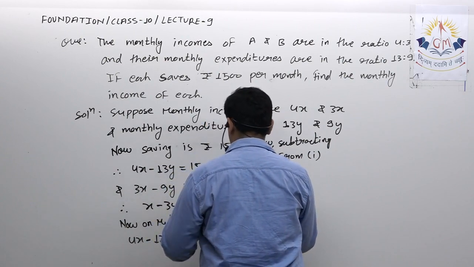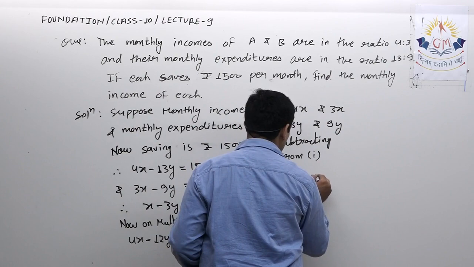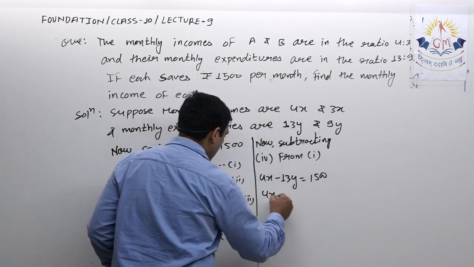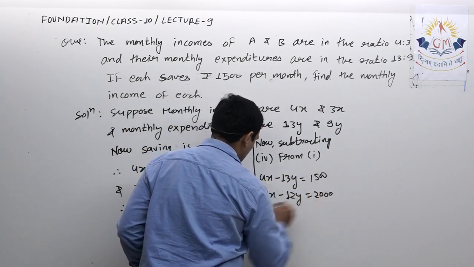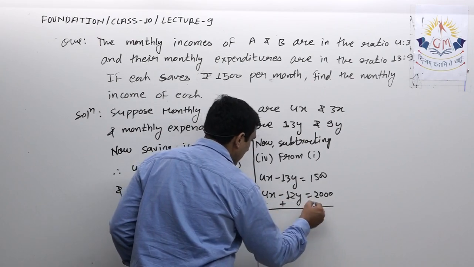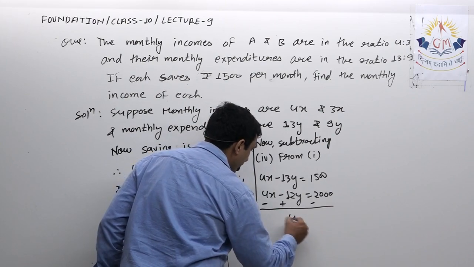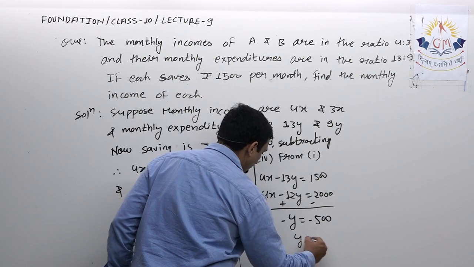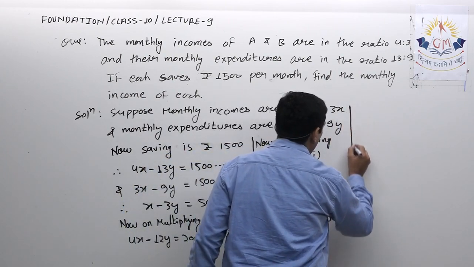So this is 4x minus 13y is equal to 1500, and here we have 4x minus 12y is equal to 2000. On subtracting, this minus becomes plus, this becomes minus. So minus 13y plus 12y is minus y, is equal to minus 500. So y is equal to 500. So here we got the value of y.